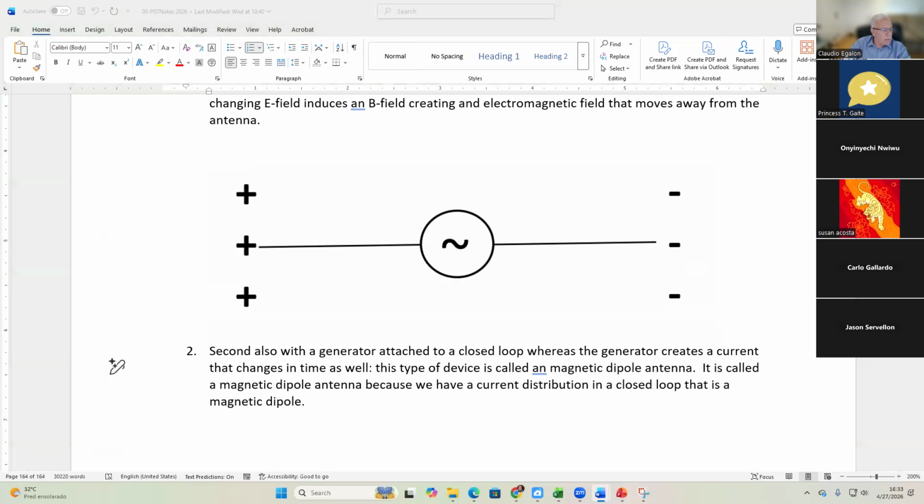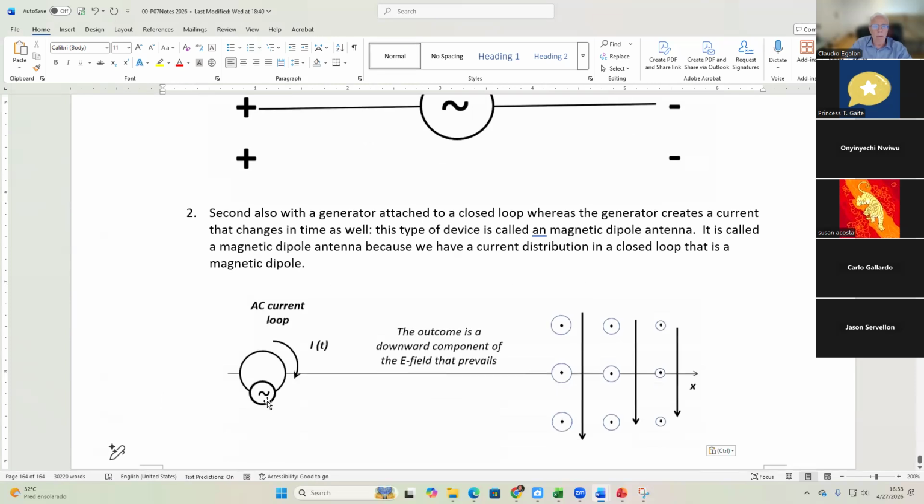And let me illustrate that for you. Here you go. The closed loop is something like that. Okay, here is my circuit. It can also be a square as well. And we have a generator generating a current that bounces back and forth.